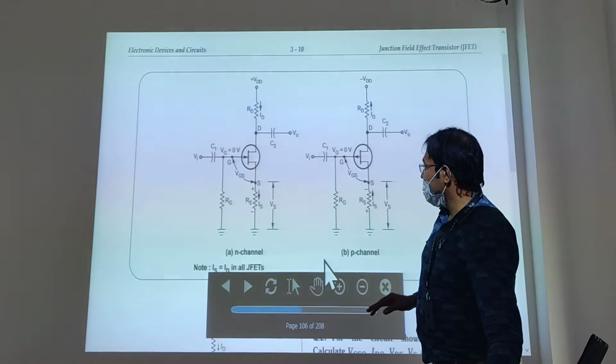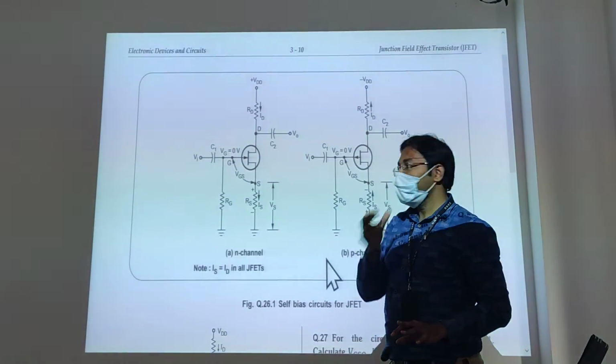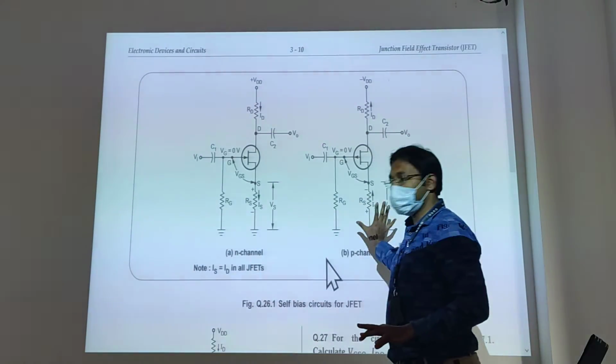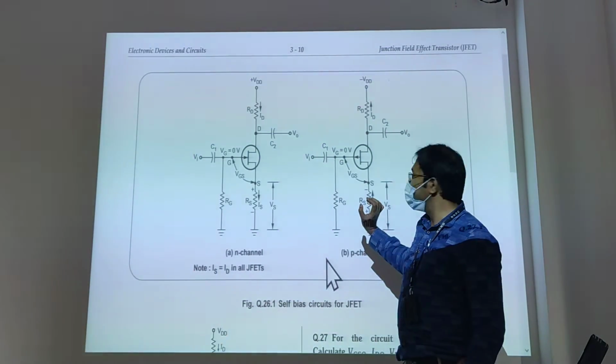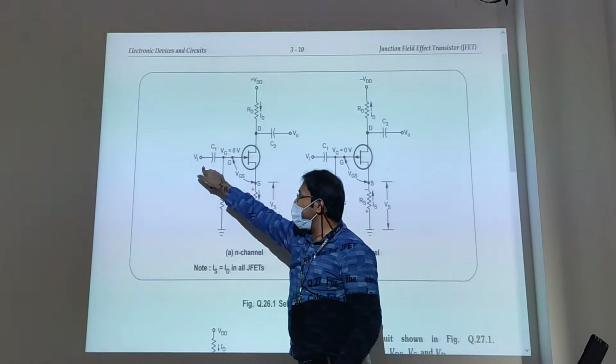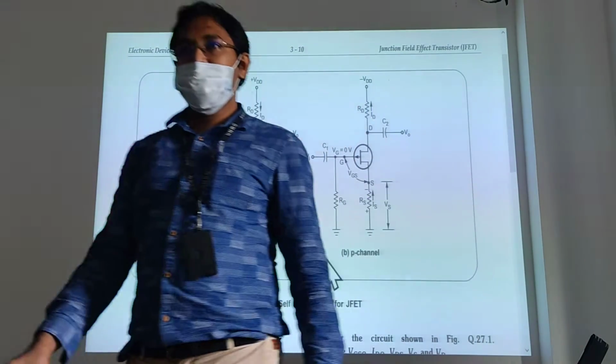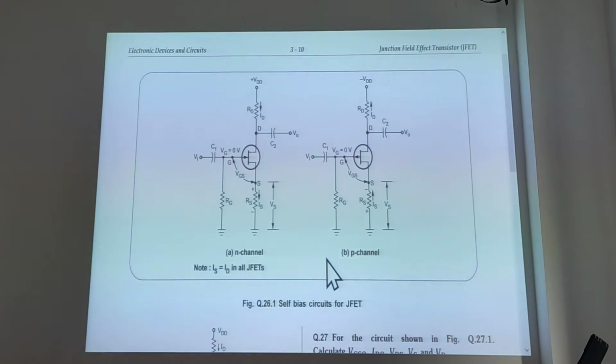What is the difference? Functionality is the same. This will also act as an amplifier. After the capacitor it is the same, so the input you are giving and the output you get, you can expect them to be the same. What is different is the biasing arrangement. First change, replace the transistor with a P channel transistor.